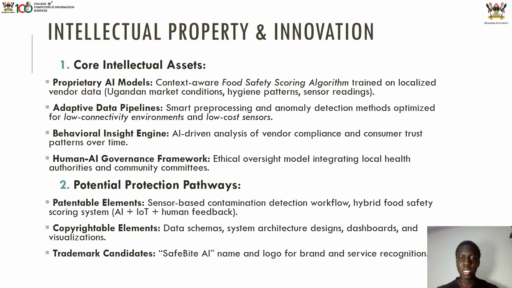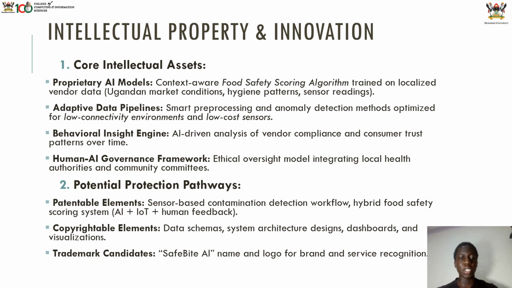So going through the intellectual property and innovation, the core intellectual assets. One of them is proprietary AI models. Second is the adaptive data pipelines, which are smart processing and anomaly detection methods optimized for low-connectivity environments and low-cost sensors. And then also behavior insight engines, AI-driven analysis of vendor compliance and consumer trust patterns over time. And lastly, a human-AI governance framework.